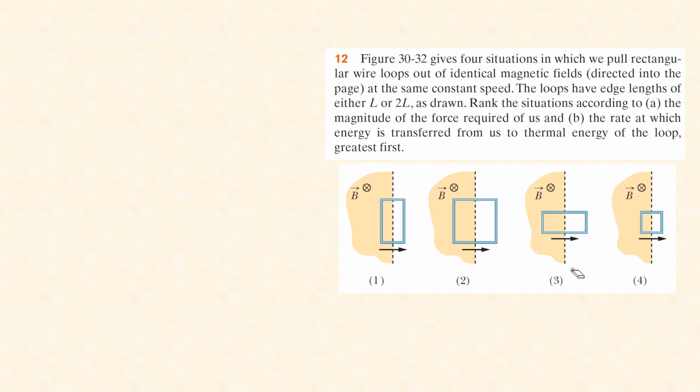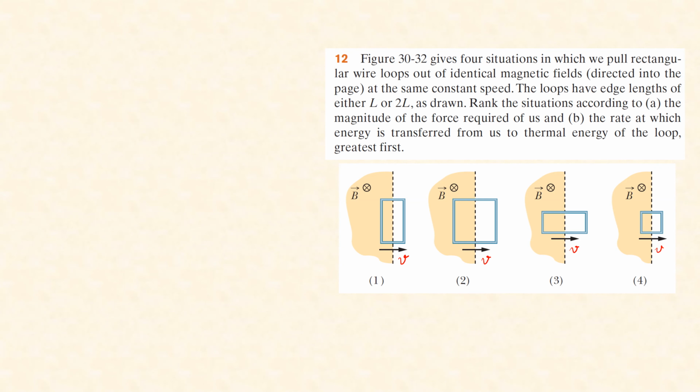Figure gives 4 situations in which we pull rectangular wire loops out of identical magnetic fields directed into the page. All of them are into the page, the same magnitude, okay? At the same constant speed. So all of these speeds are also the same. The loops have edge lengths of either L or 2L as shown.